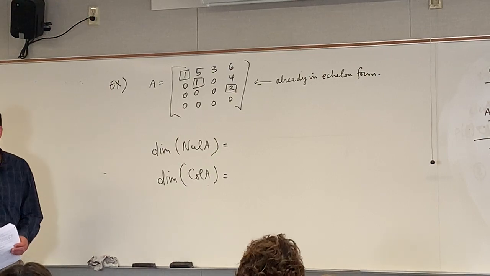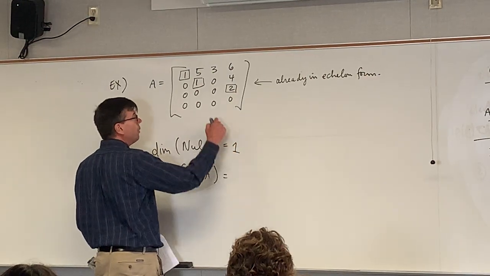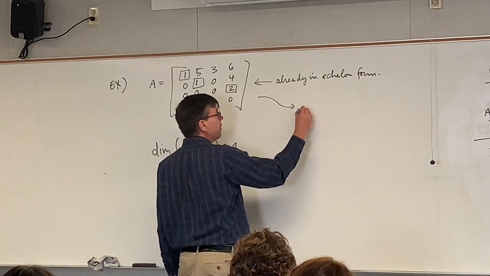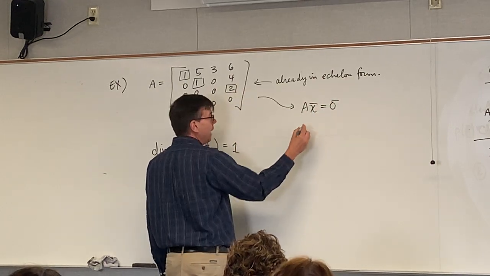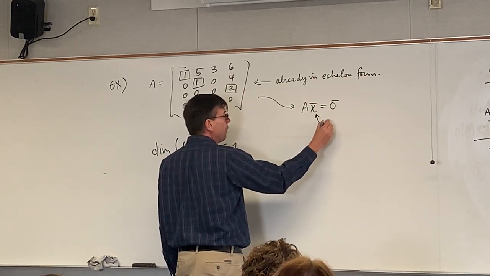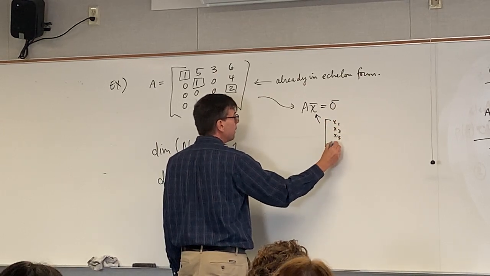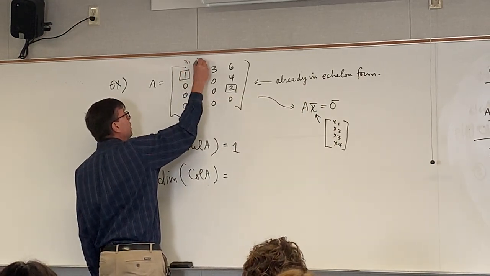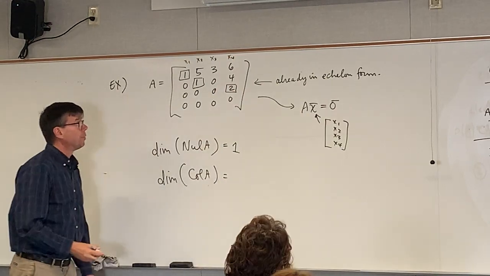What's the dimension of the null space? 1? Because we would have one free variable if we think of solving AX equals 0. X is going to be a 4-component vector. And each column here corresponds to one of those variables, right?